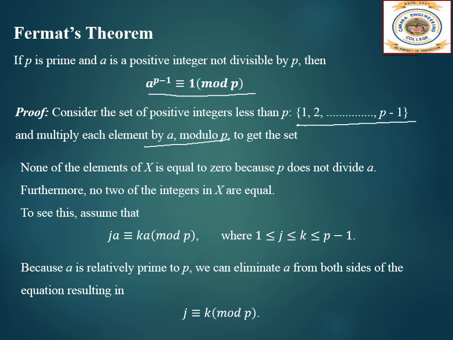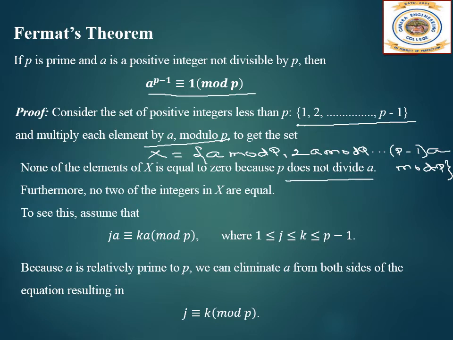After multiplying this, I get X = {a mod p, 2a mod p, up to (p-1)a mod p}. This will be the set. Now none of the elements of X is equal to 0 because p does not divide a.